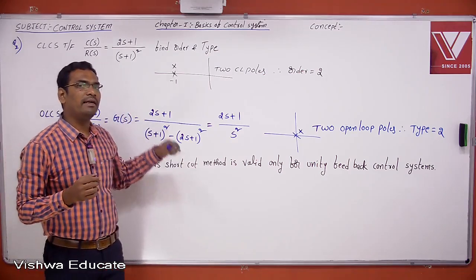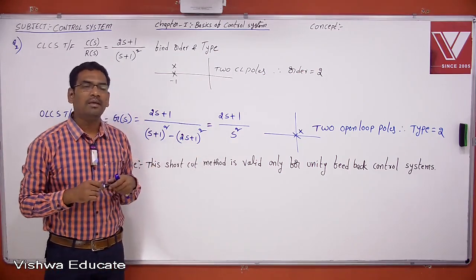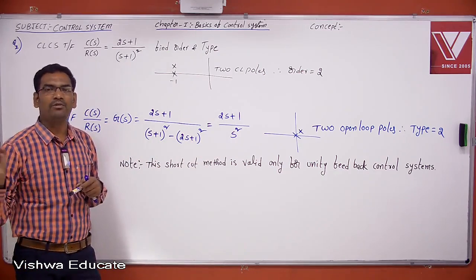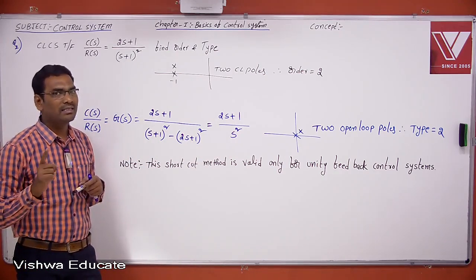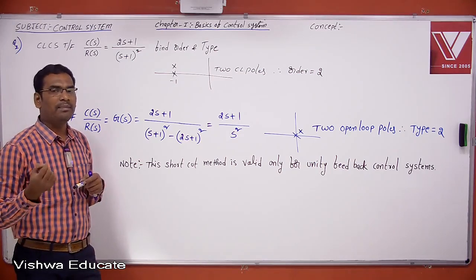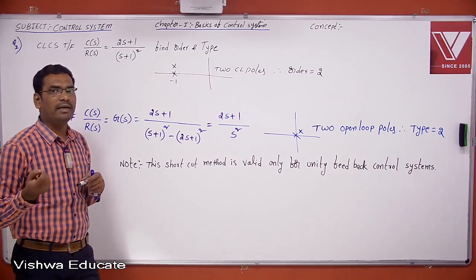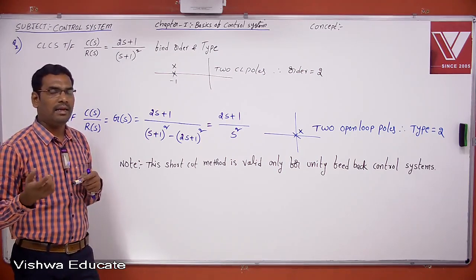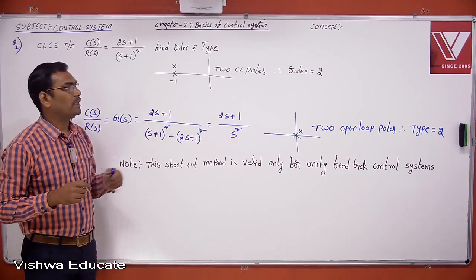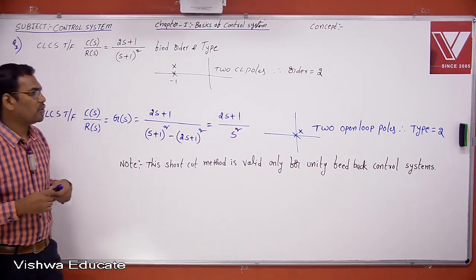Why are we not finding order from the open loop control system? There is a reason why the type is related to the open loop control system and why the order is related to the closed loop control system, that you will understand very soon. Keep that point in your mind, and that clarification will be coming very soon in the next session. Okay, then you just take this particular question.